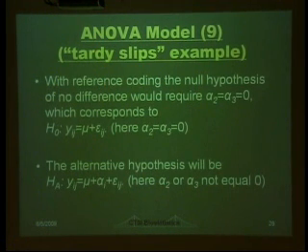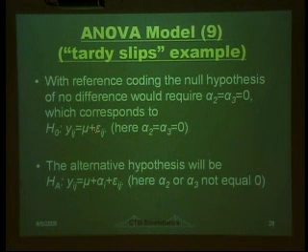What should we do with our null hypothesis in this case? Our null hypothesis that there is no difference between 3 groups corresponds to the situation where alpha 2 and alpha 3 are all equal to 0. So there is no difference between what we observe in the first group, second, and third group. This is what our model is under the null, under the assumption that there is no difference between groups.